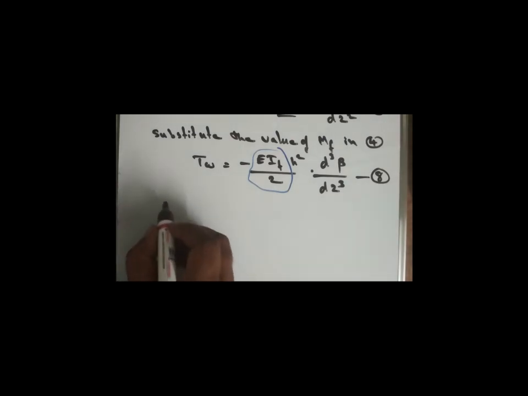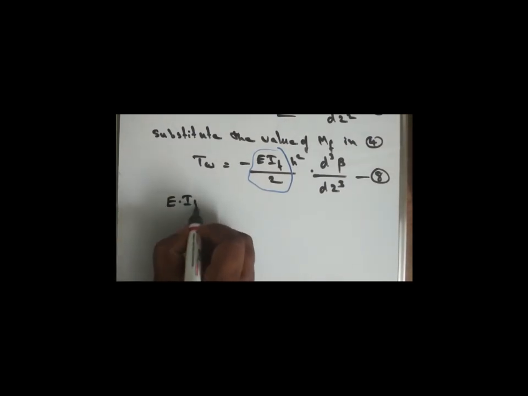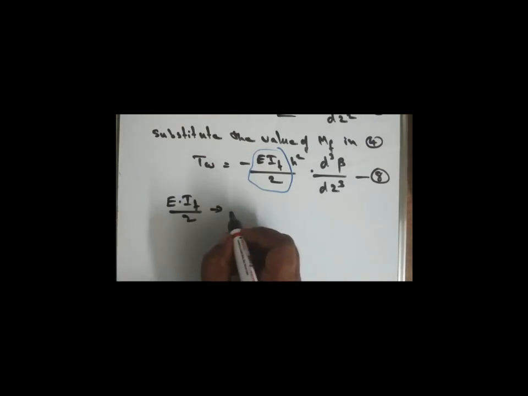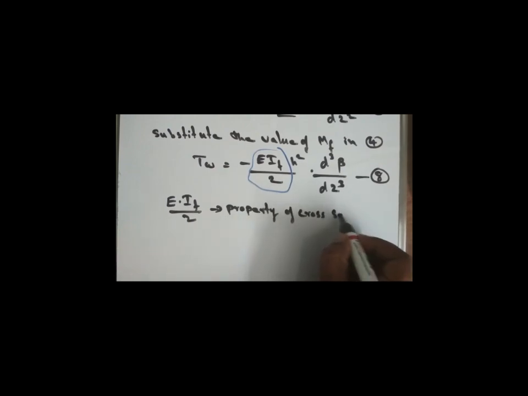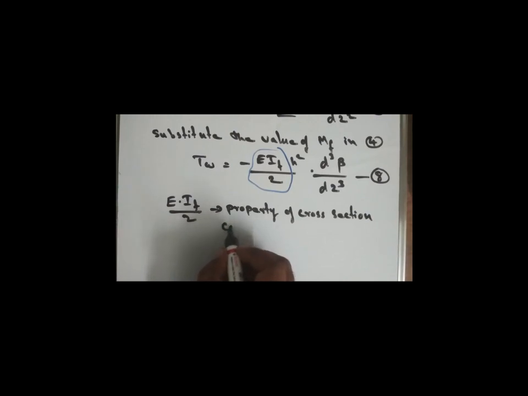Now, let us consider this term alone, IF h squared by 2. It is the property of the cross section.